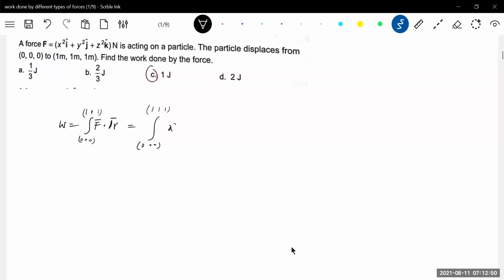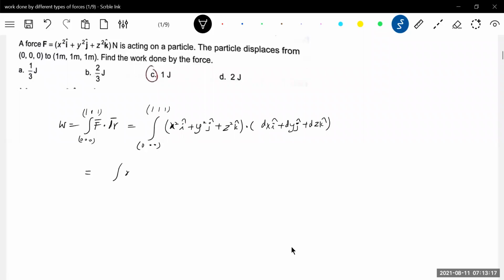F bar will be x square i cap, y square j cap, z square k cap, dot dr bar. You have to take dr bar. Dr bar will become dx i cap, dy j cap, dz k cap.